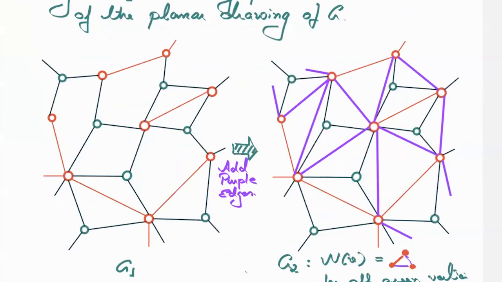Now we look at the neighbors of each of the green vertices, or the original left vertices. They have exactly 3 neighbors, all on the right. What you do is you add these spurious purple edges so that every green vertex, or the original left vertex, is now trapped inside a triangle. Together with the 3 neighbors, it forms a K4 in this new graph.